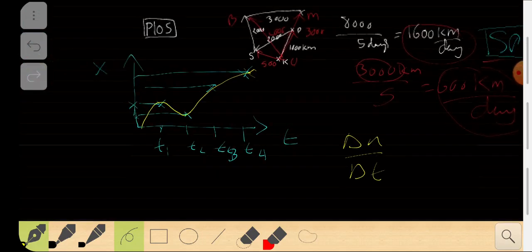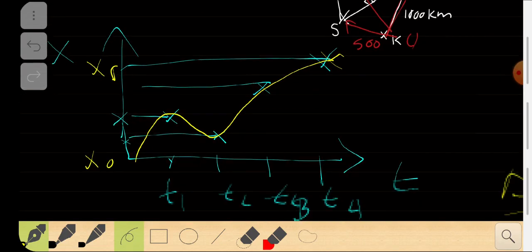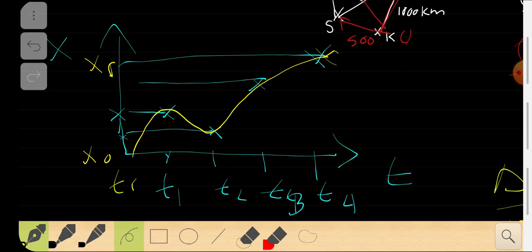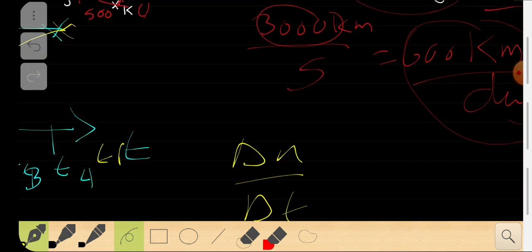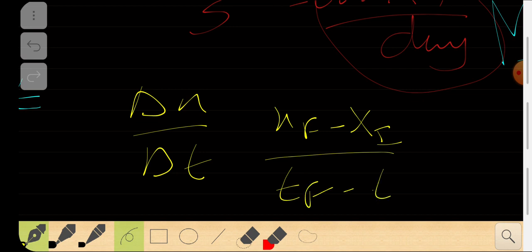If you look at the total velocity of this plot, it will be x final by x0, and this will be t0, and this will be t final. So velocity is just x final minus x initial by t final minus t initial, right?